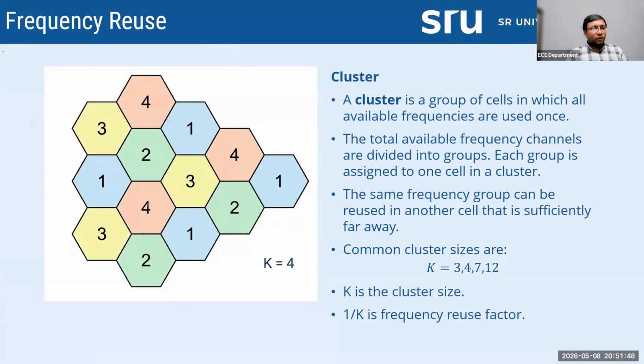Suppose I am starting from this cell. My goal is to reach from one cell to another co-channel cell. I have already told you the meaning of co-channel cell. It means the cells that are using the same set of frequencies. So from this cell, I want to reach another co-channel cell, this 1 to 1.